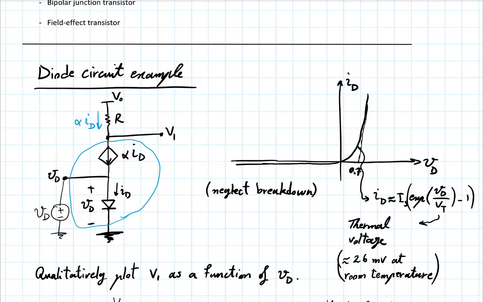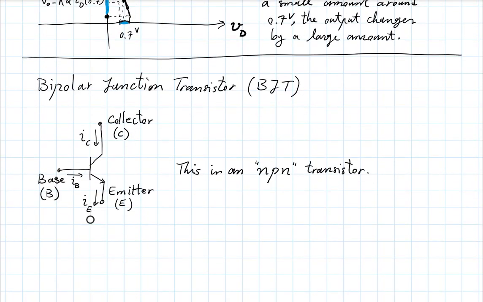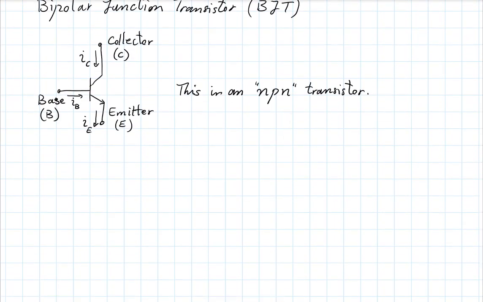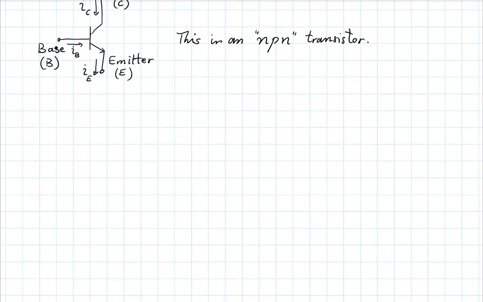There's a current going through the emitter that has an exponential dependence on that base emitter voltage. And the collector current is just a multiple of that with a factor alpha. And that alpha is very close to 1. So in terms of the behavior, you could think of it like this.